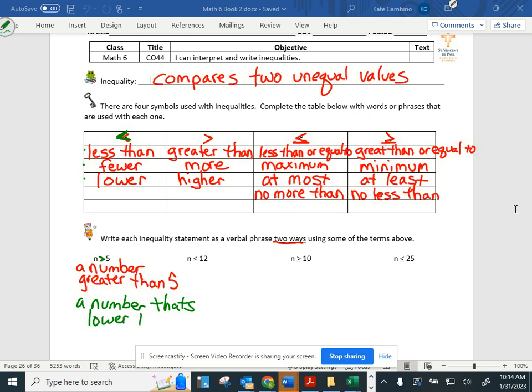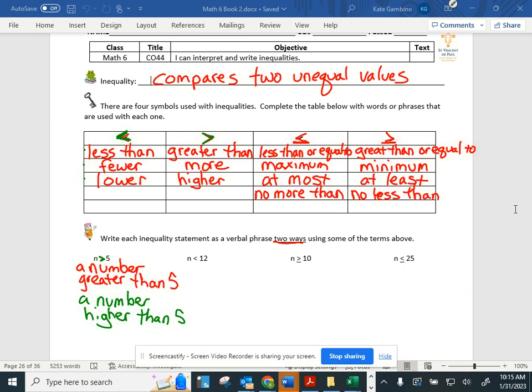Oh my goodness. I am sorry, Aiden. I had that wrong and you had it correct. My bad. It was the symbol. Oh yeah. It's been a long morning already. A number higher than 5. Oh, good thing you guys are all paying attention and you're figuring this out.